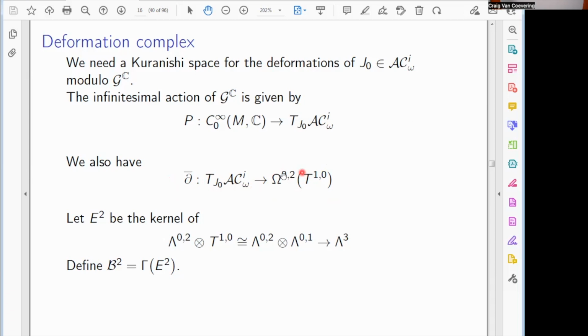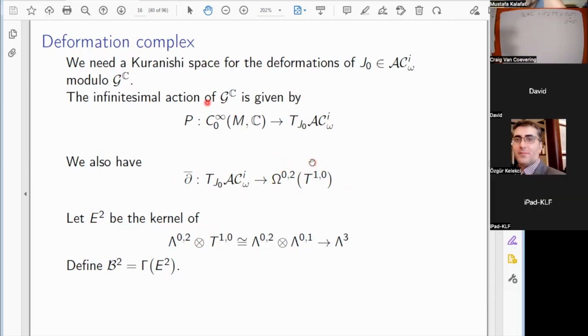But again, we take the kernel of, so we're taking a subspace of the complex that's taken in the Kuranishi deformation theory, because we're considering almost complex structures compatible with the symplectic form.